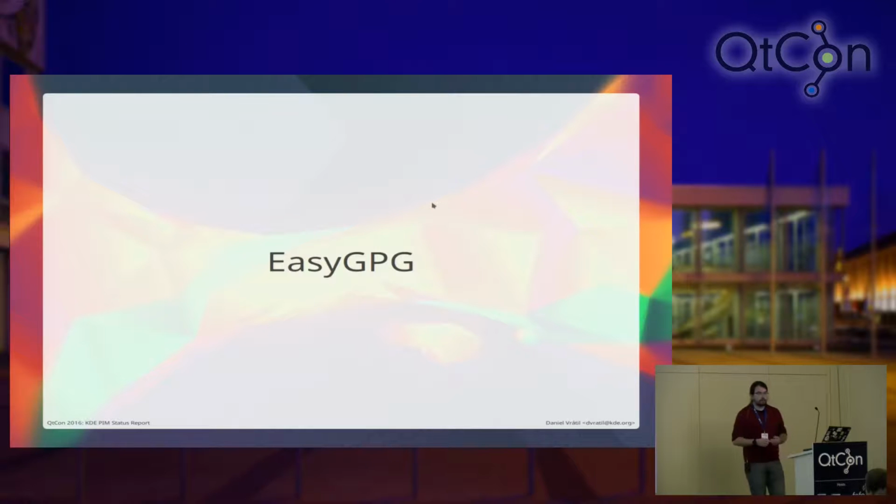Currently, we are in phase 1 of this project. What we have right now is when you create a new account using the account wizard, you can also choose if you want to enable mail signing and mail encryption by default. And if you do so, in the next step, we will just use the name and email you already provided, and we generate a new key pair.